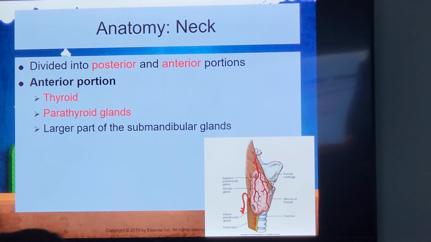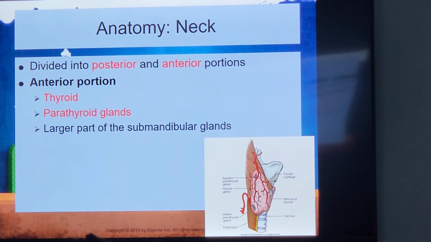Thyroid cartilage? That's not really the point. No, another name for Adam's apple is the laryngeal prominence.